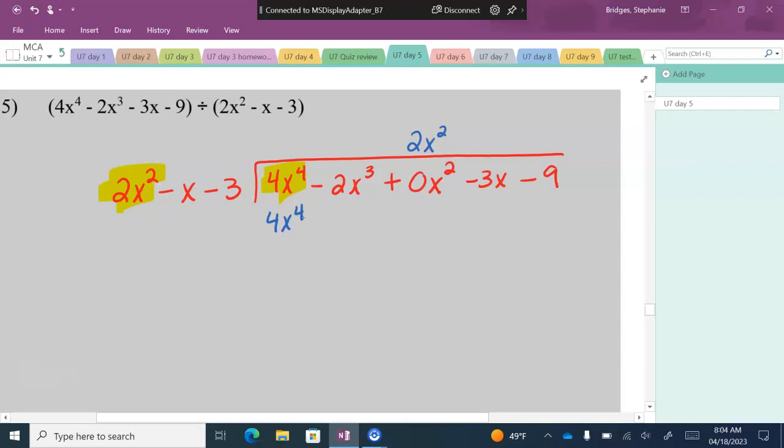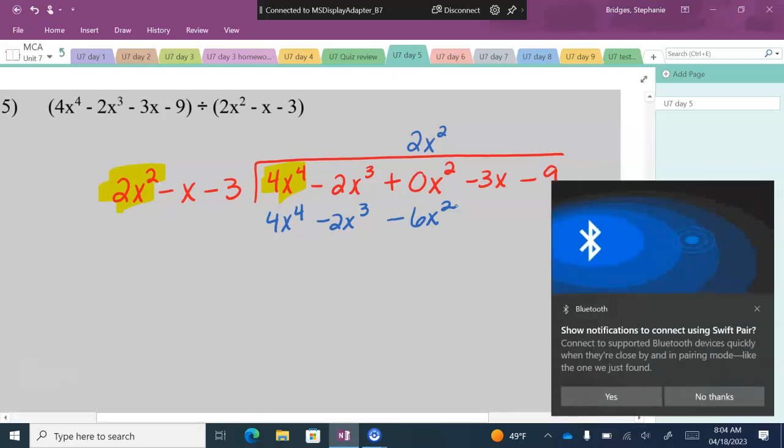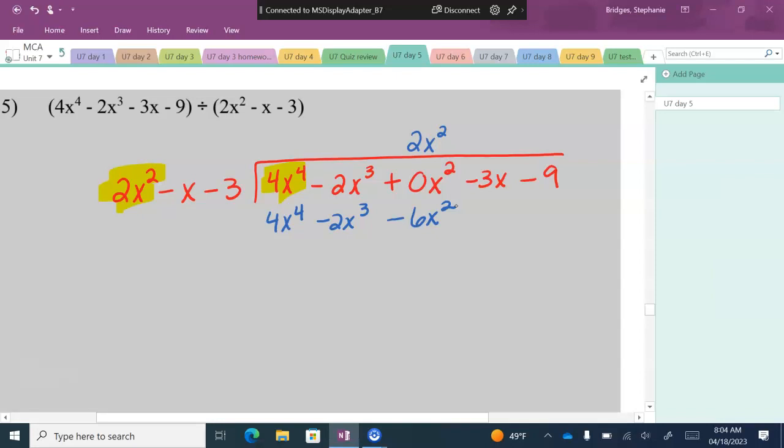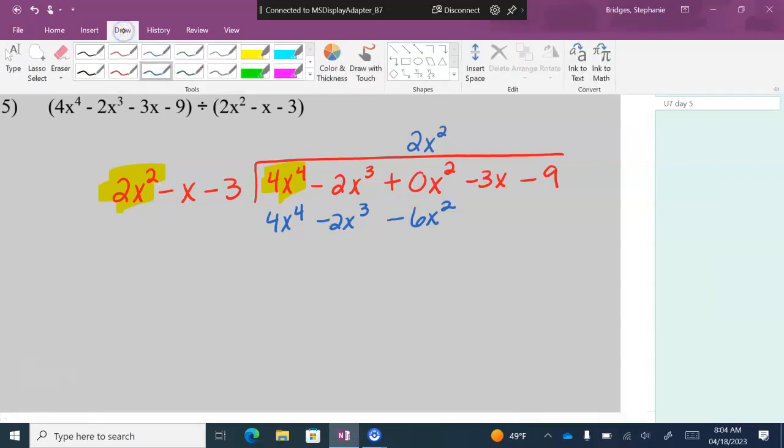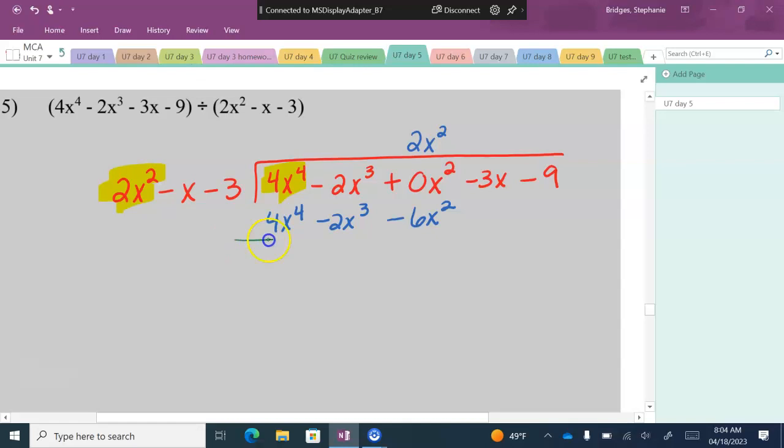Then 2x squared times a negative x is a negative 2x to the 3rd. And then 2x squared times negative 3 is a negative 6x squared. Everybody ready? Draw your line, change all of your signs. This time I have 3 terms, so I need to change every sign.